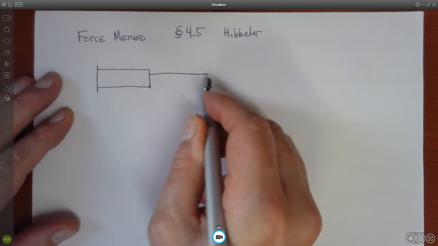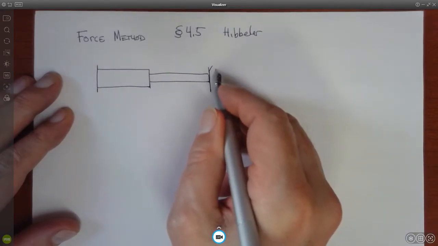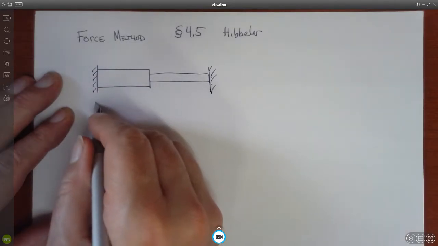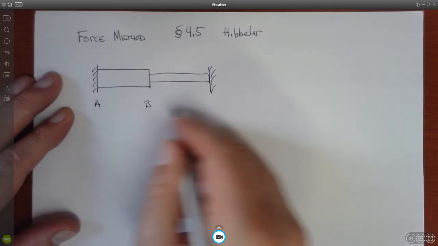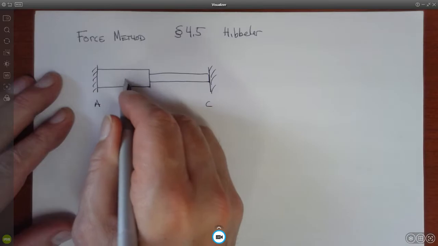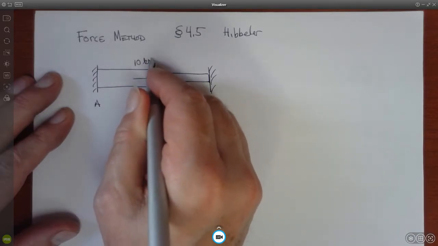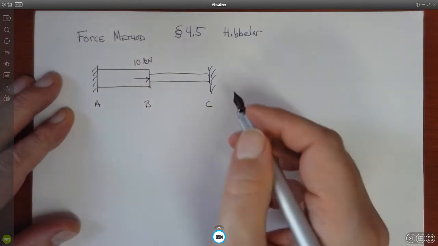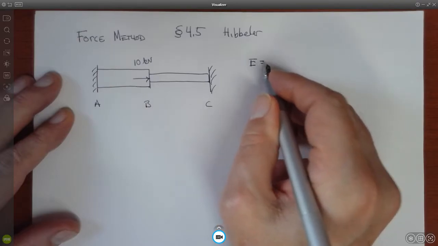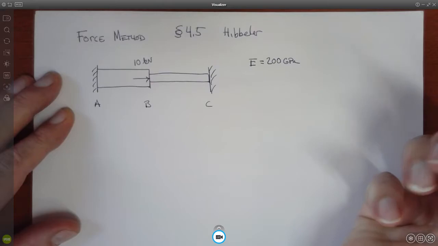So we're going to consider a stepped beam that's constrained on both ends. All right, so it's points A, B, and C, and I gave a 10 kilonewton force at point B to the right. This is made out of steel, so we have E equal to 200 gigapascals.